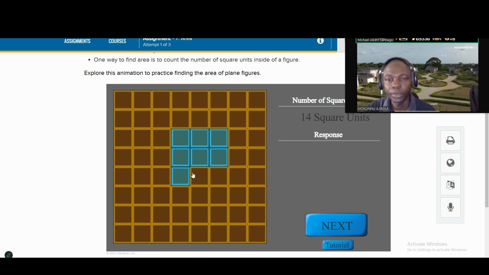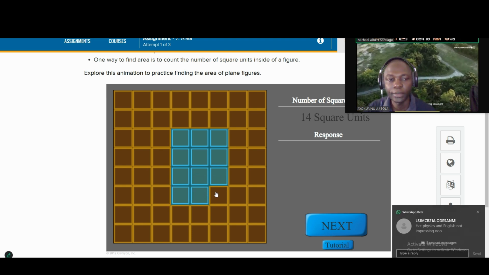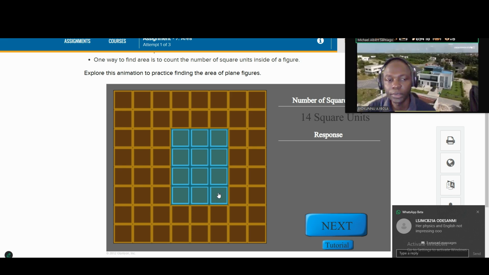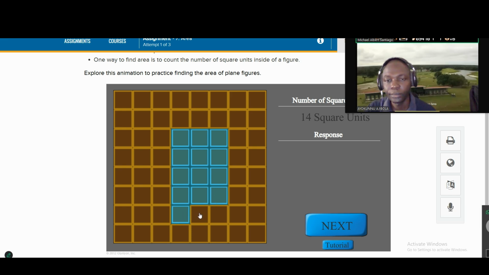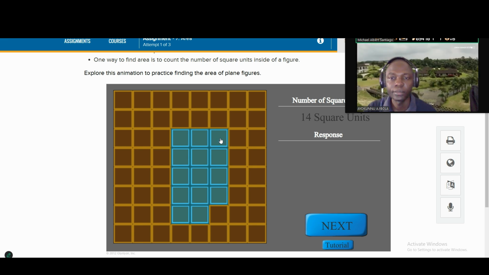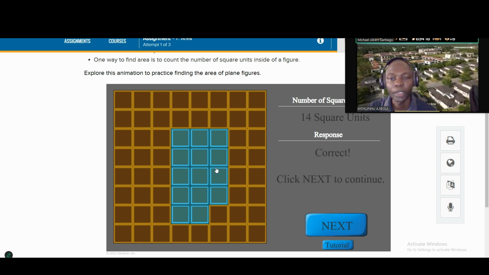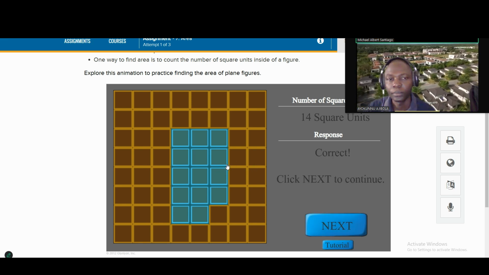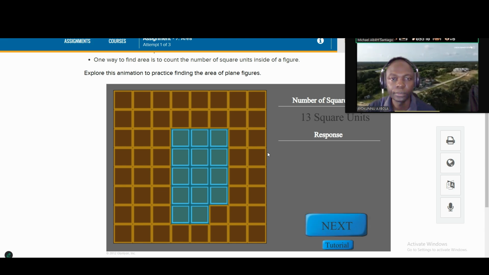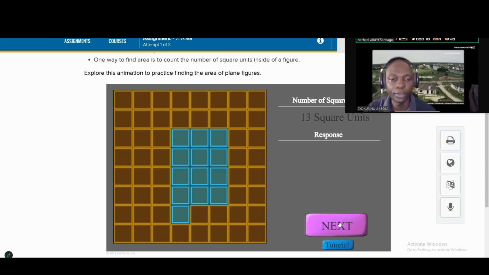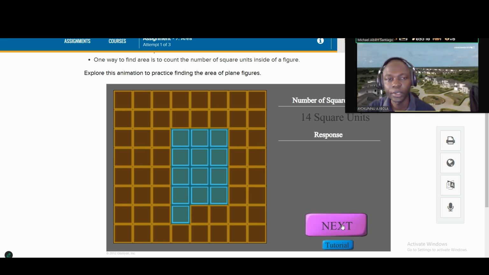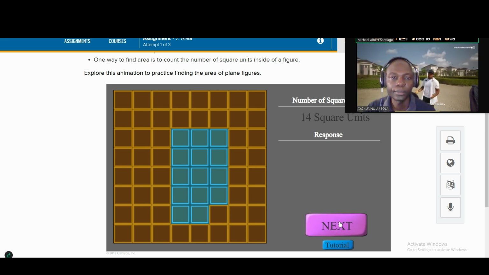So I got to get one, two, three, four, five, 6, 7, 8, making 14. Okay. 3, 3, 3, 3, that's 12, that's 14. So that's also correct. Then the next one, 13 square units, just remove 1, and that's also correct. The next one, 14 square units, that's also correct.